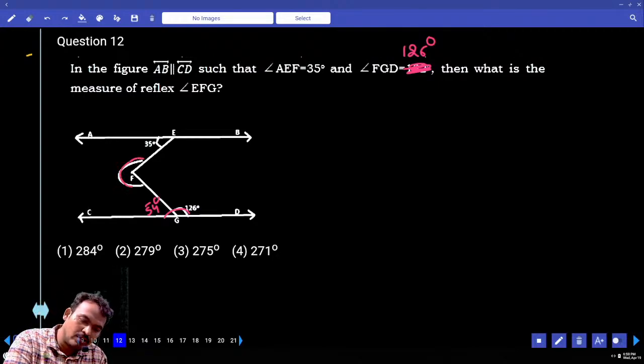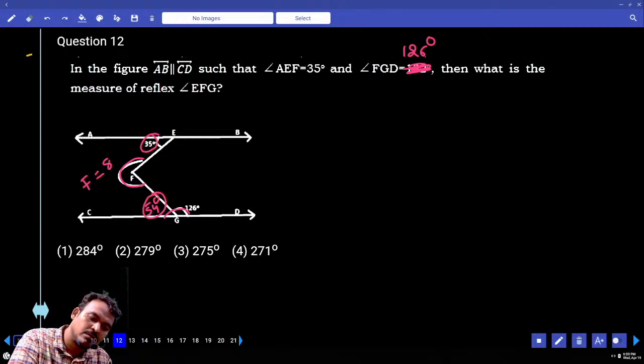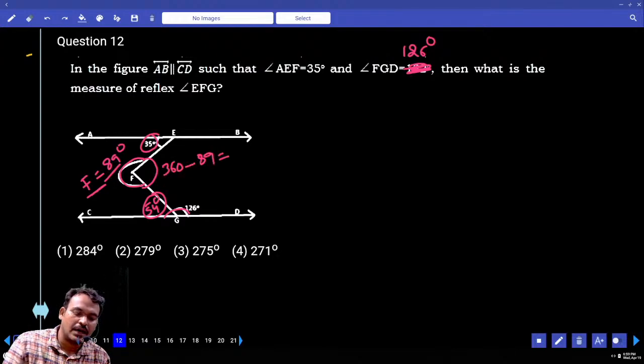This F value must be equal to the sum of 35 plus 54, which is 89. What is the reflex angle of F? Out of 360, we subtract 89. 360 minus 89 gives the answer, 271.